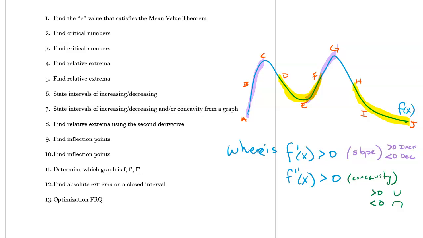In our situation, E to F would be the final answer. E to F is the only place on this graph where it is increasing and concave up. So you are specifically looking for where they're shaded at the same time. You can do that in your head, or write it on paper.